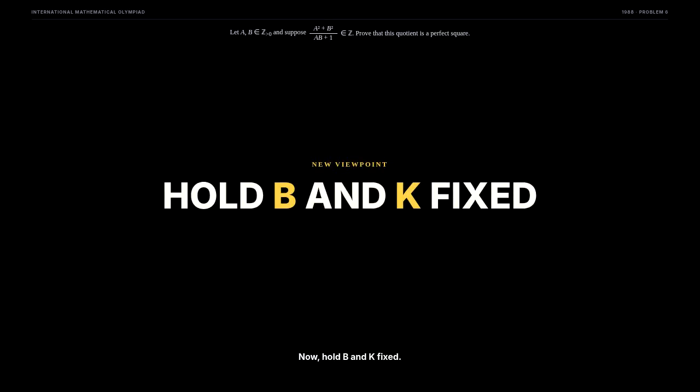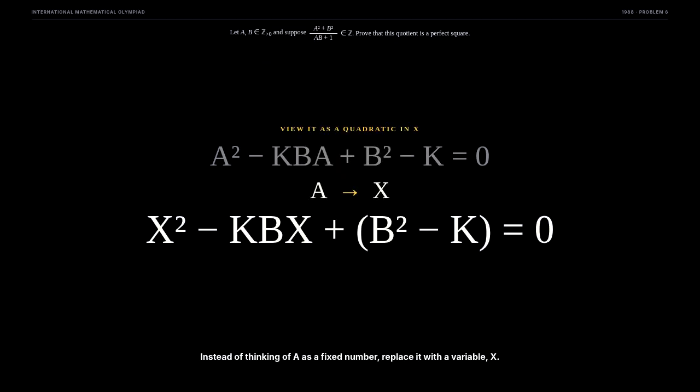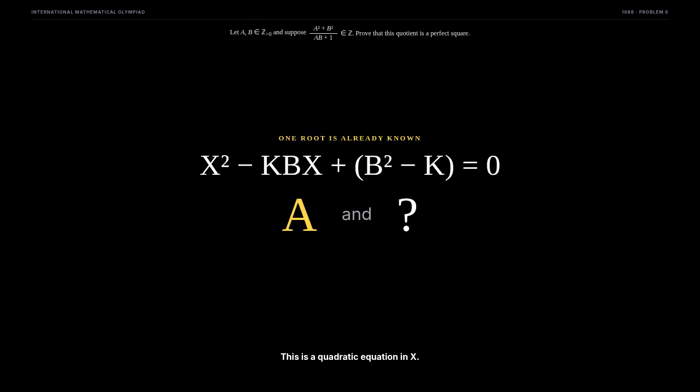Now hold b and k fixed. Instead of thinking of a as a fixed number, replace it with a variable, x. The same relation becomes x squared minus kbx plus b squared minus k equals 0. This is a quadratic equation in x, and we already know one of its roots, x equals a.